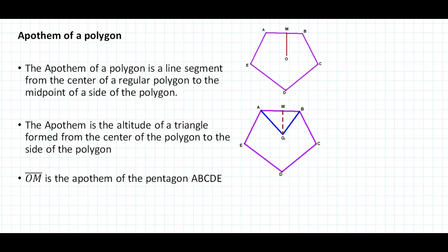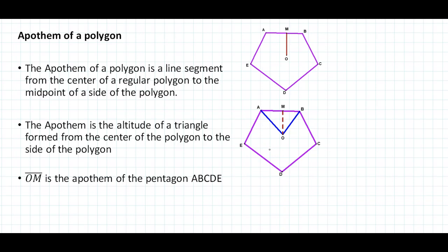So O right here is the center of the polygon, and one of the assumptions we make here is that this pentagon is inscribed in a circle, and O to C and O to B and O to A is going to be the radius of that circle. So O is actually the center of the circle, and because the pentagon is inscribed in the circle, then O also becomes the center of the pentagon or any polygon that is inscribed in the circle.